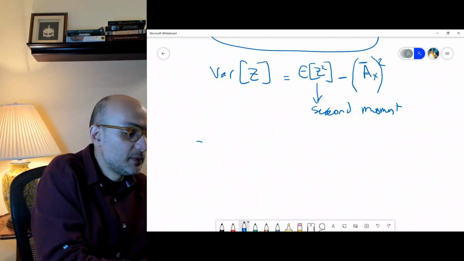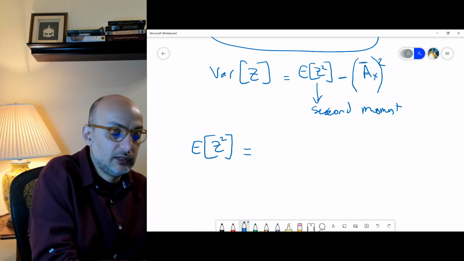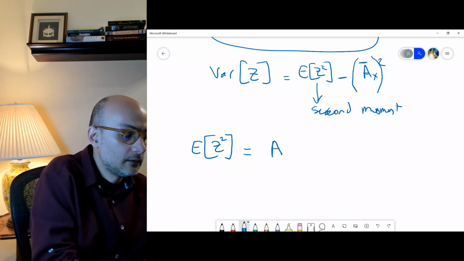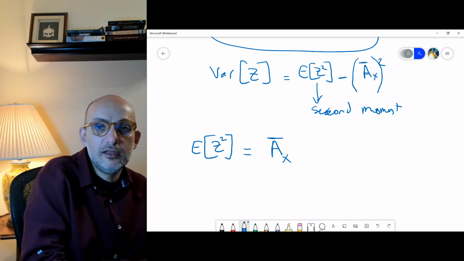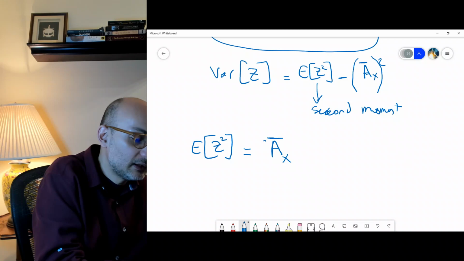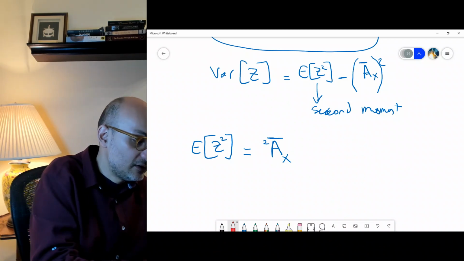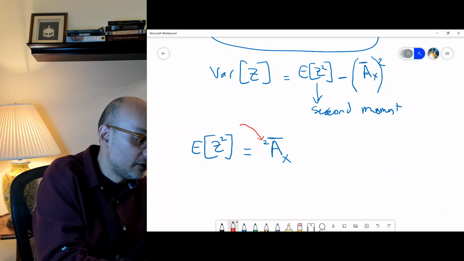Now let's take the expected value of Z squared separately. It has an actuarial notation, A X, the same thing here, but because it's the second moment you have a superscript on top. This is the new notation, the addition is to say second moment.